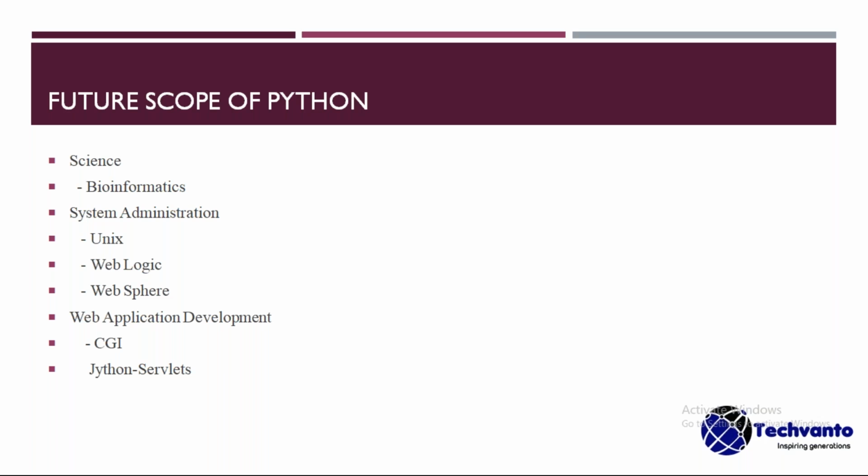In Unix, Python is already pre-installed in the platform of OS. Coming to the web application development, you can consider CGI, Jython servlets. So here I mentioned Jython servlets. So what is Jython? Jython is nothing but an open source implementation of Python programming integrated with Java platform. Programmers can compile the Python code to Java bytecode.